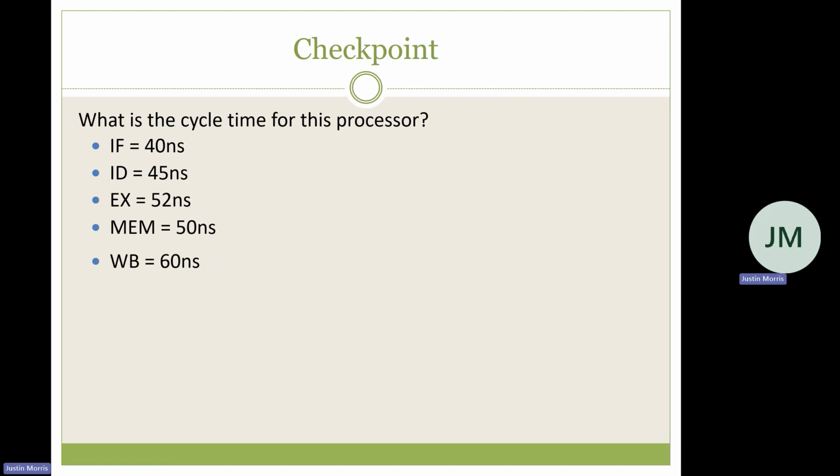So the first question is, what is the cycle time for this processor? How do we do this? Why do we add them all up? Do we go through every single step?